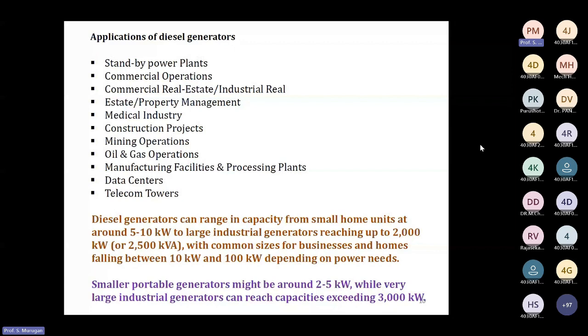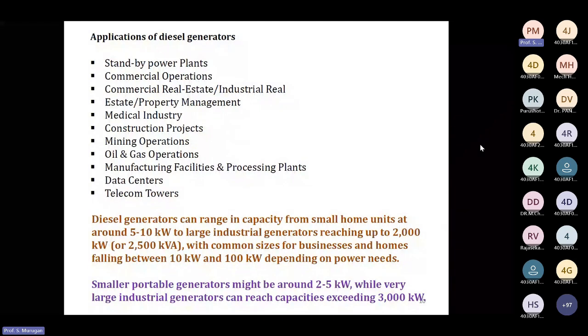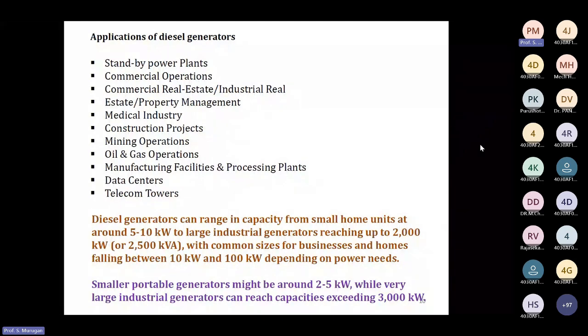That is available for business purpose, and for home purpose the power capacity varies from 10 kilowatts to 100 kilowatts. Again, that depends on power need. Even small portable generators are available in different countries, that range between 2 to 5 kilowatt. And large industrial generators can have a capacity up to 3000 kilowatt.